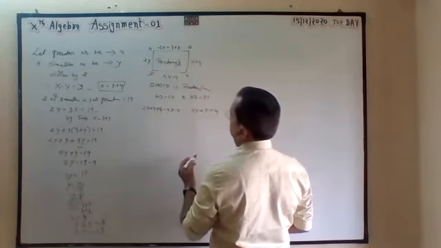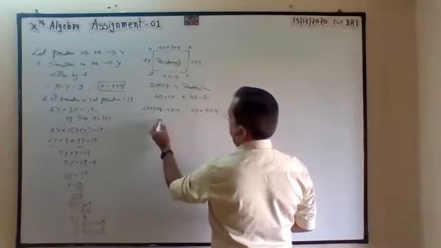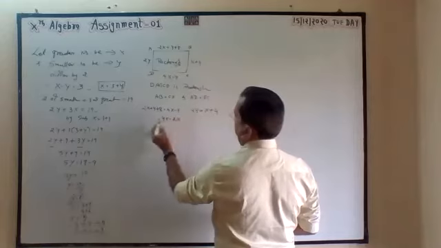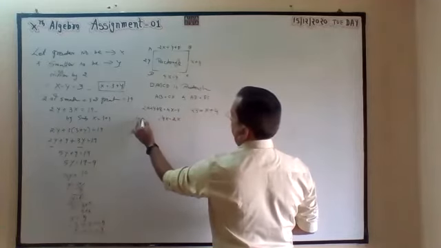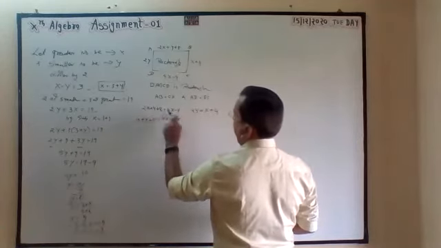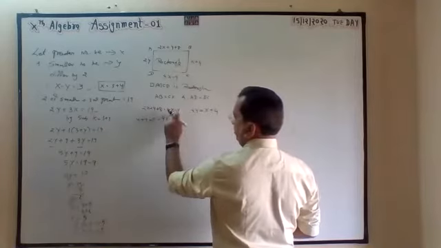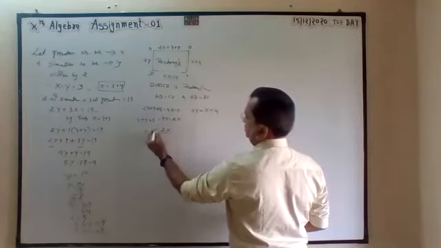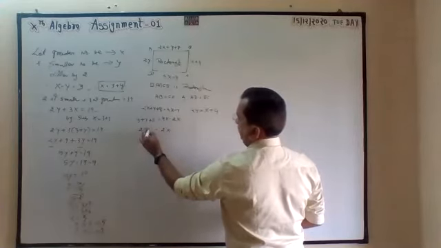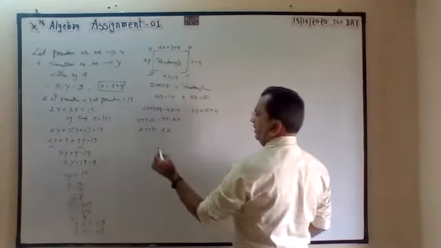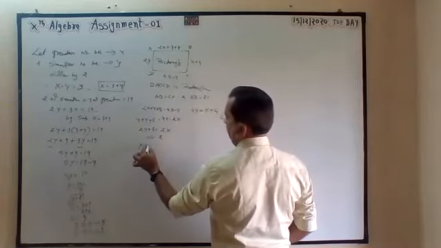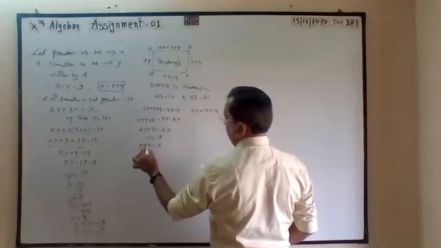So 4x minus 2x, y plus y plus 8. I have taken this y here, so minus becomes plus. I have taken this, so minus. So 2x, 2y, 8, all divided by 2. So y plus 4 is equal to x.